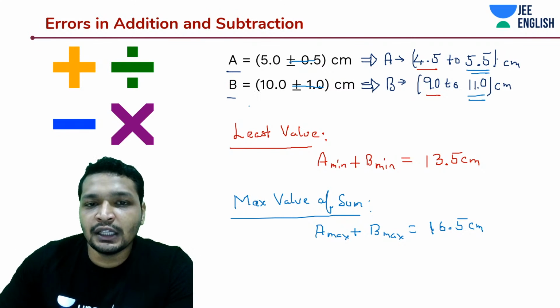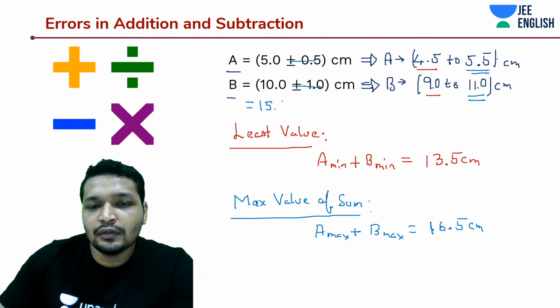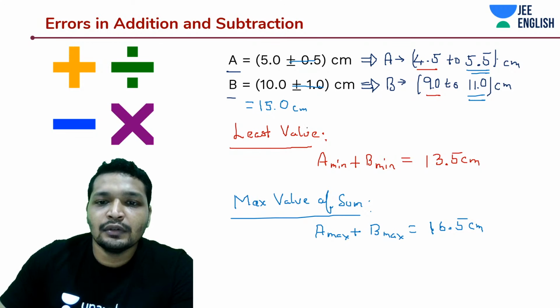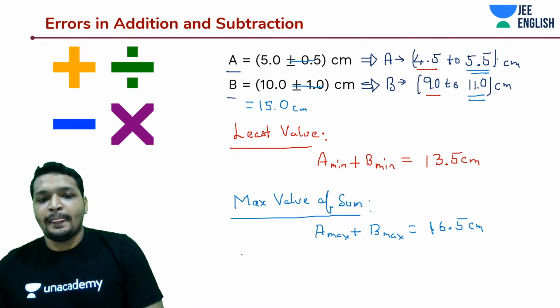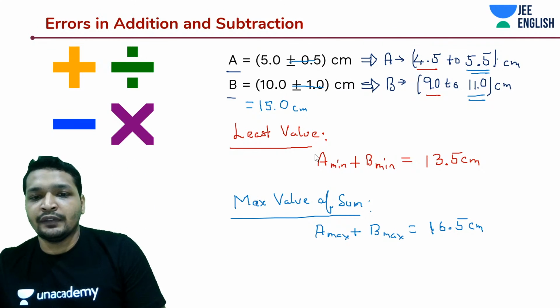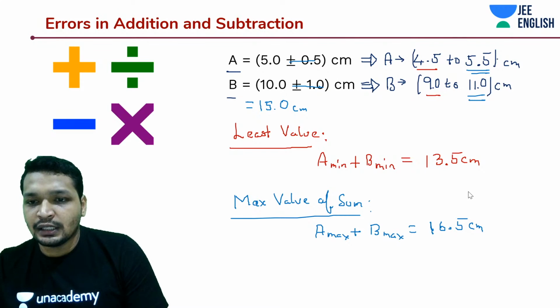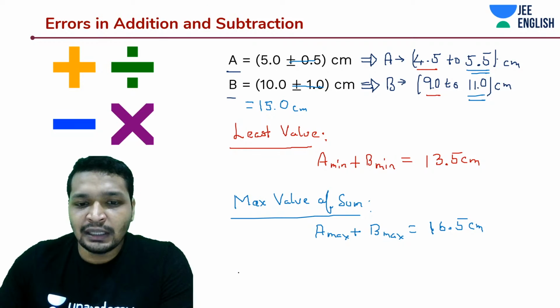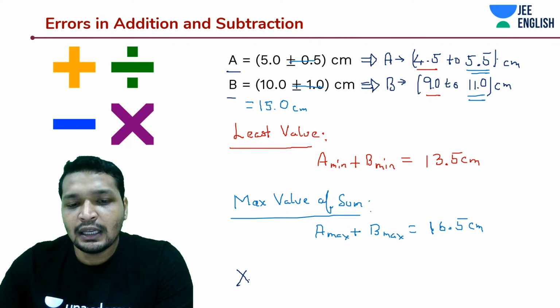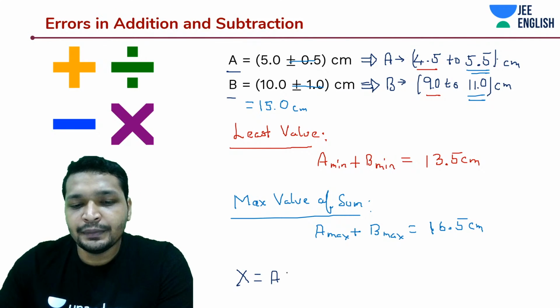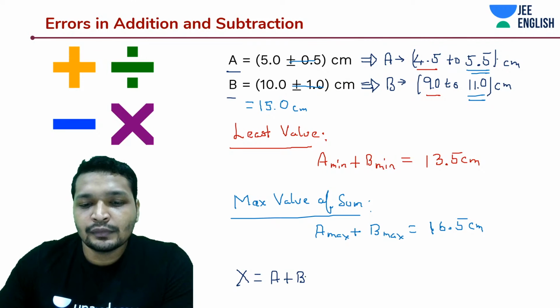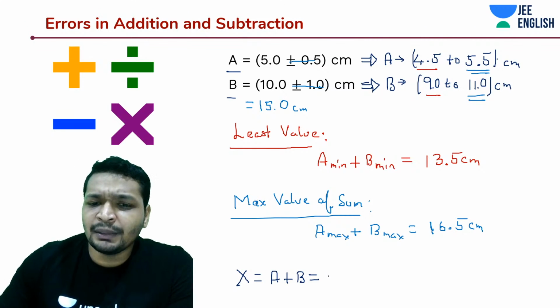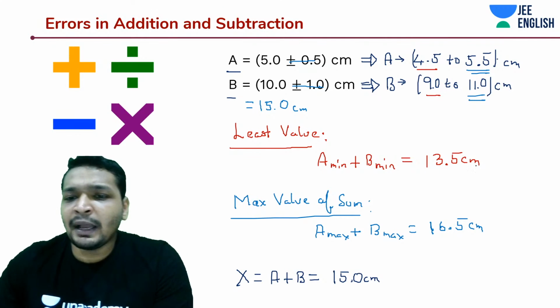How much is it? 15, right? Now, can we just communicate that, let's say sum x is equal to A plus B, then can we say that it's something like 15 centimeters, and this is the maximum error, right?